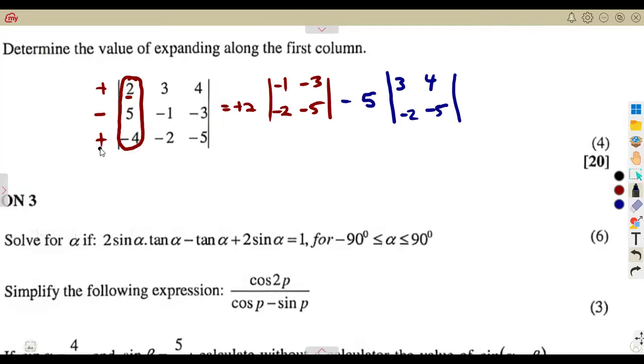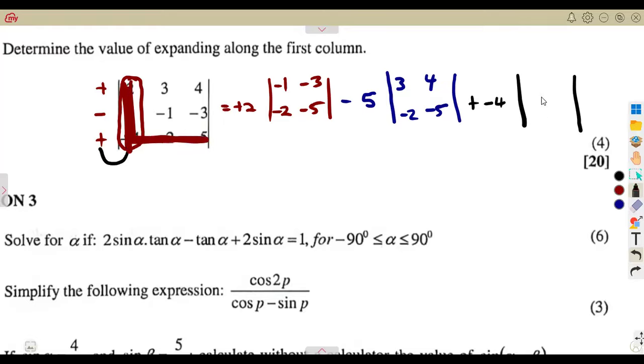The next one is a plus, but it's having a minus. 4 is having a minus. So it was supposed to be plus -4, which is a minus. Then the determinant of it: you close the column where 4 is, and the row where 4 is, like this. So what are you remaining with?